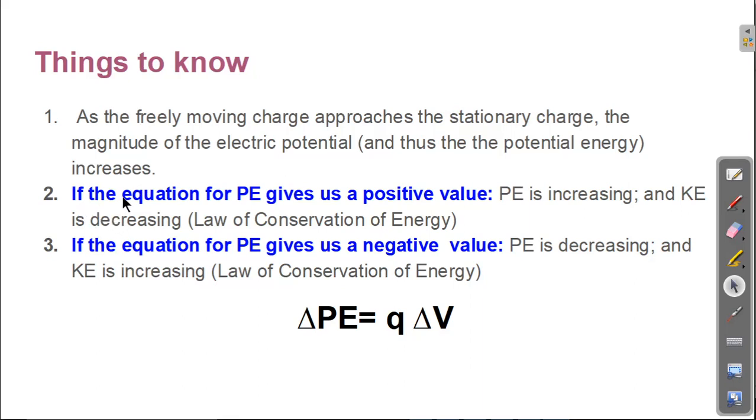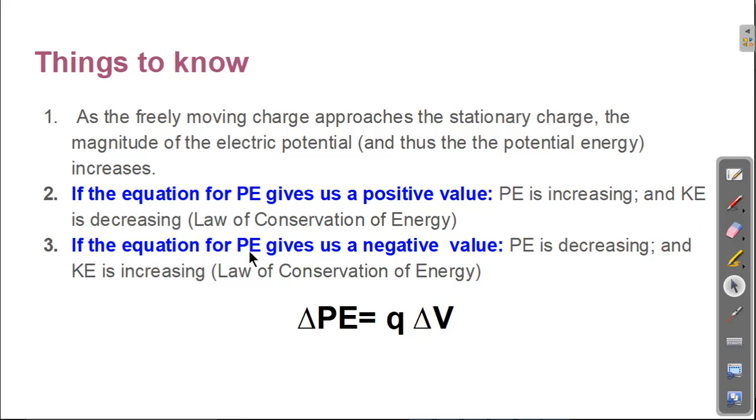Remember, if the equation for potential energy gives us a positive value, it means it's increasing. If this one is increasing, kinetic energy has to be decreasing. That's what the law of conservation of energy is telling us. Basically, the particle is slowing down.